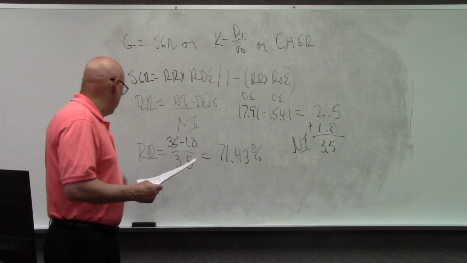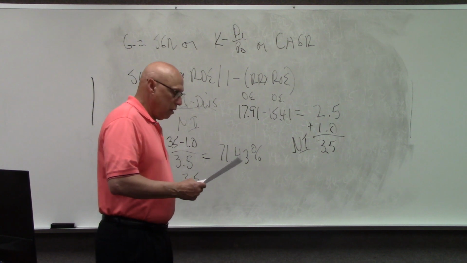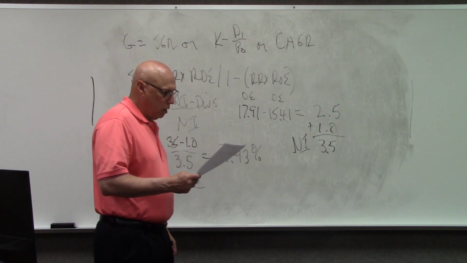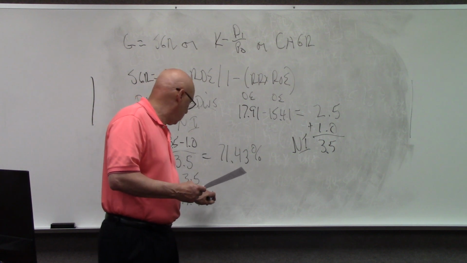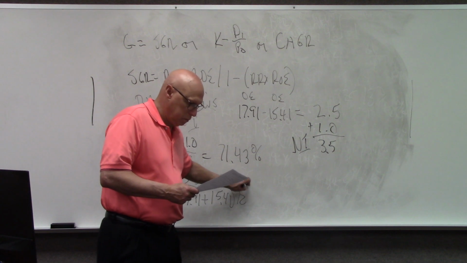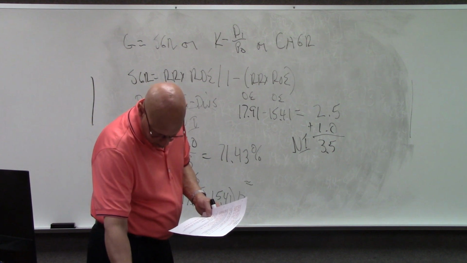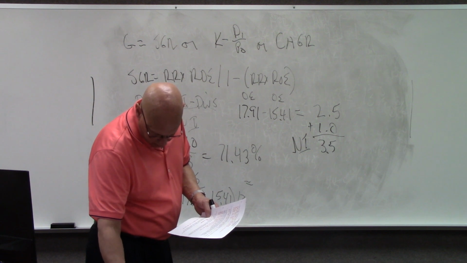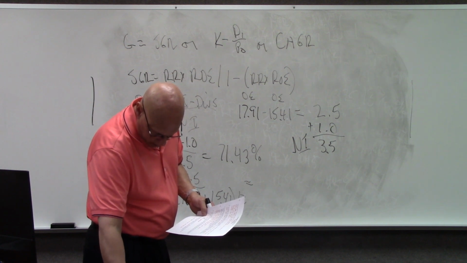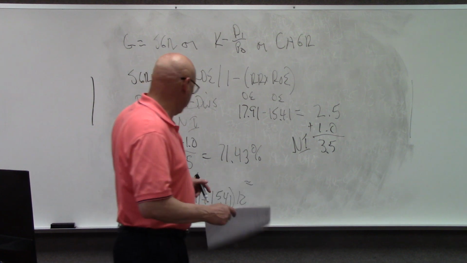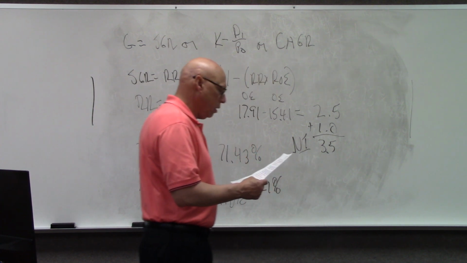Now, their return on equity is equal to 3.5 million divided by average equity, which is 17.91 plus 15.41 divided by 2. 15.41 plus 17.91 divided by 2 equals 16.66. 3.5 divided by 16.66 is 21%. So 21% is their return on equity.